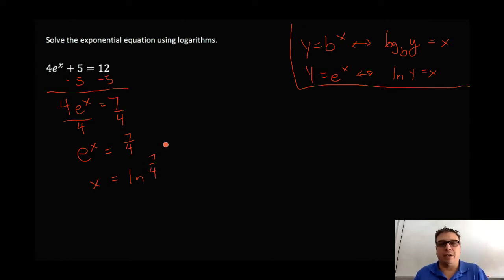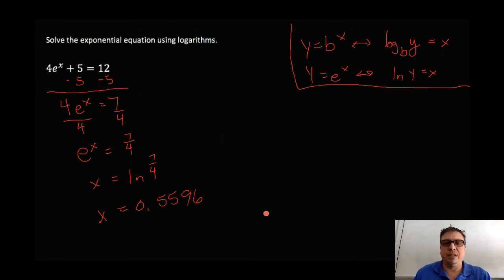Then we just grab our calculator. I need to find the ln button. The ln is right near the log button. So I need the natural log of 7 divided by 4. And the calculator says x is equal to 0.5596. Depending upon what the question asks, it might ask you to write this to the nearest hundredth or nearest thousandth.